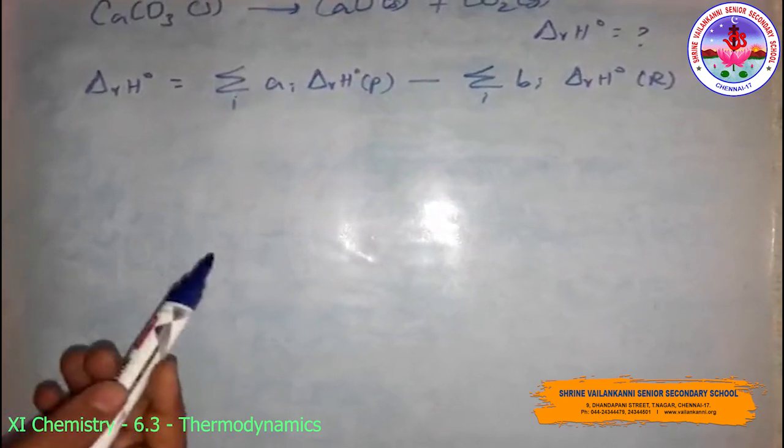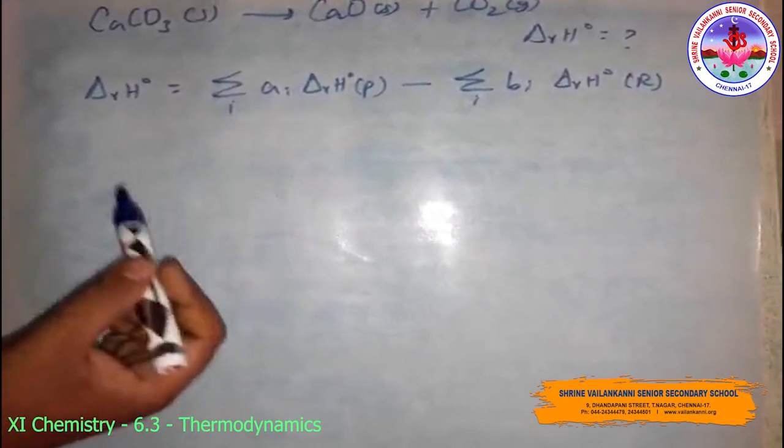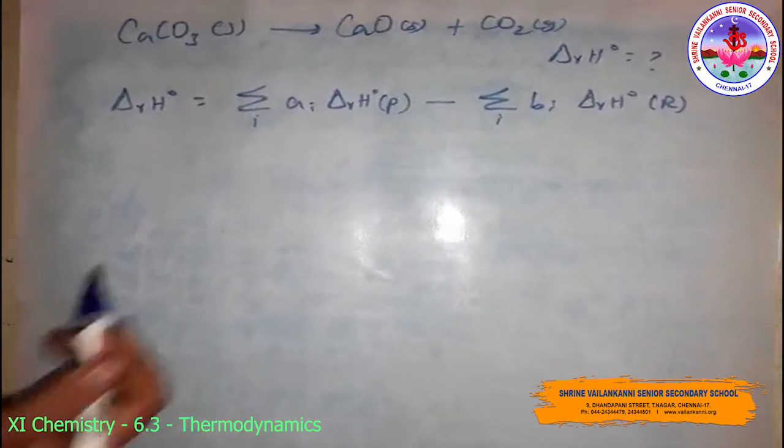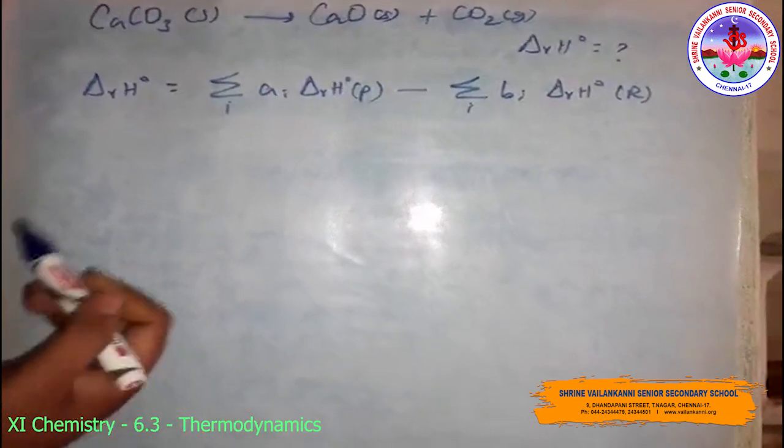Now apply the values in the above equation. For the decomposition of calcium carbonate, the coefficients a and b are 1.